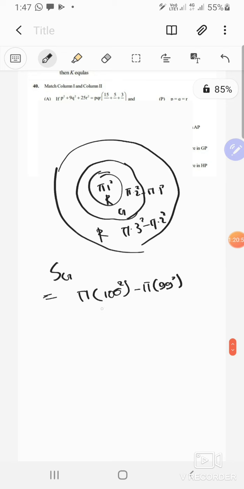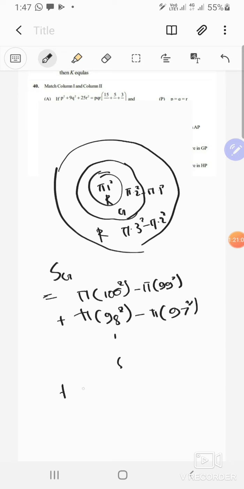So the sum of the green regions should be pi into 100 squared minus pi into 99 squared. Now you go down by 2, so plus pi into 98 squared minus pi into 97 squared, and it keeps going like that till you get plus pi of 2 squared minus pi of 1 squared.